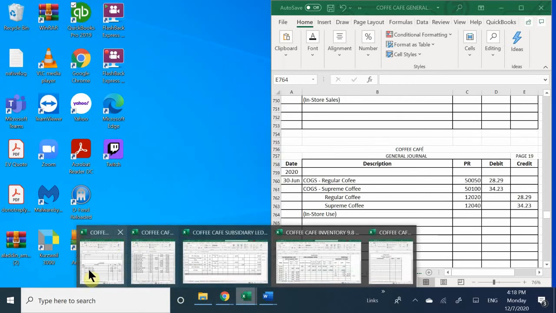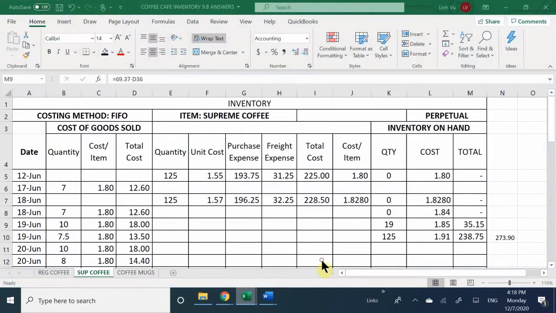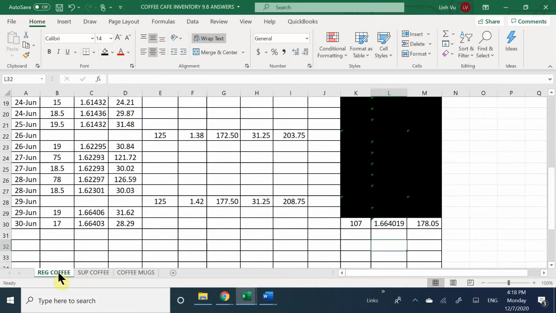So let's go ahead and take a look at that. That is weird, because I calculated it and it looked good. But let's see what happened here.